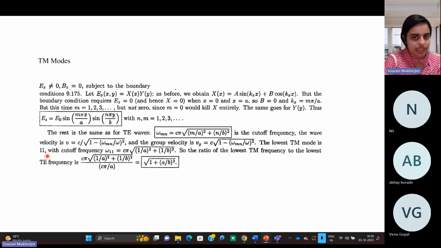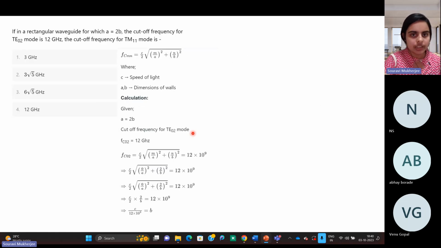But when M and N values are the same and none of them are zero, the cutoff frequencies would be the same, whether it's a TM mode or TE mode, because the expression is the same. The difference comes when one of them is zero or when you have to find the lowest frequencies. But otherwise, for the same values of M and N, the TE and the TM modes will have the same cutoff frequencies.